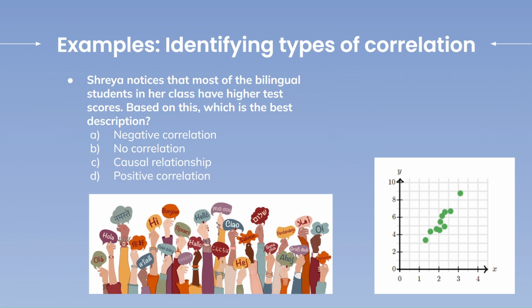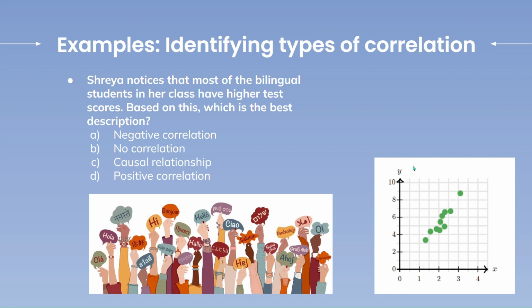So in this example, we see Shreya notices most of her bilingual students in her class have a higher set of test scores. Based on this, which is the best description? We know that given that most of her students are bilingual, this would be a value that's increasing given that they know a higher set of languages, whereas the test scores are higher, making these both values that are increasing, making this a positive correlation as depicted in this chart.